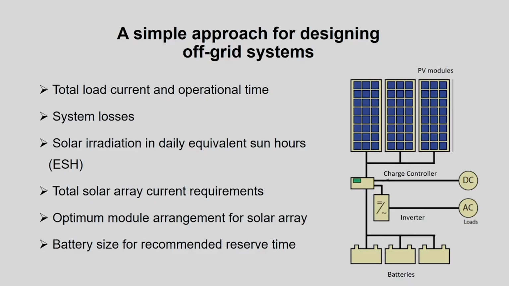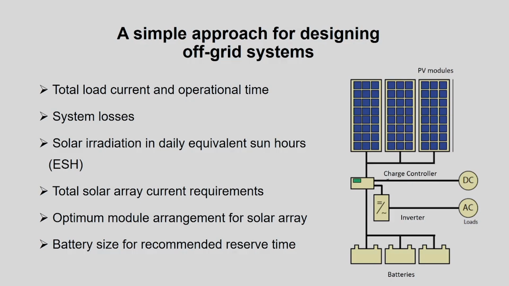Now, let us see the simple approach for designing an off-grid or standalone system. It includes the determination of total load current and operational time, then determination of system losses. Then we need to determine solar irradiation in daily equivalent sun hours, also known as ESH.